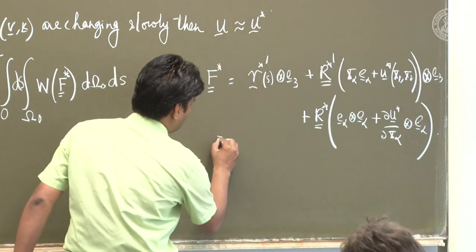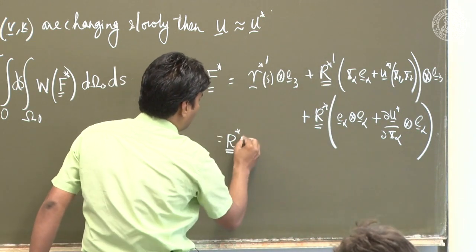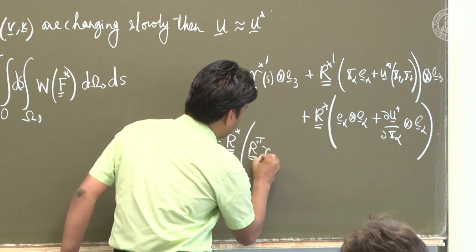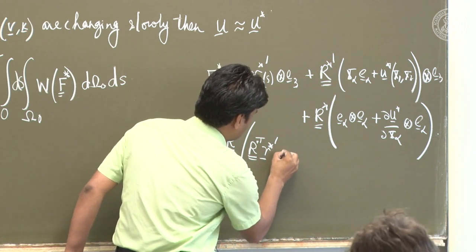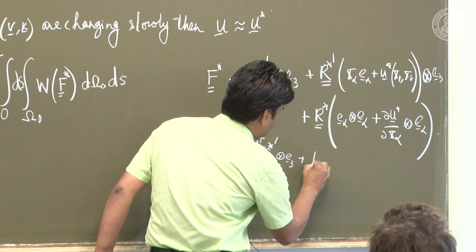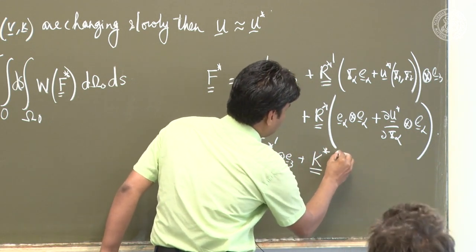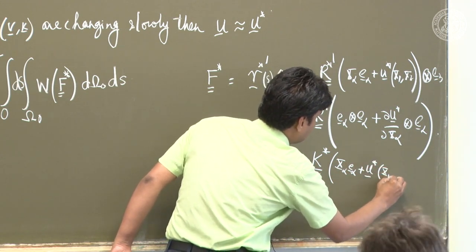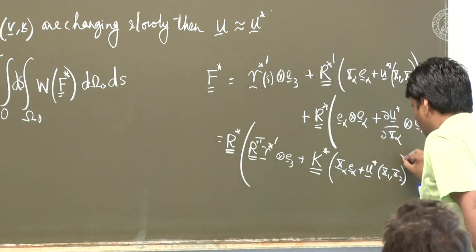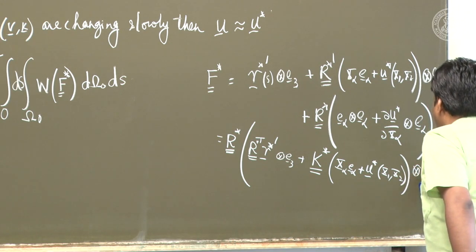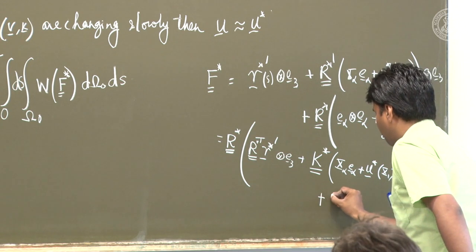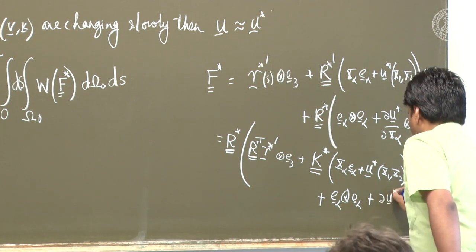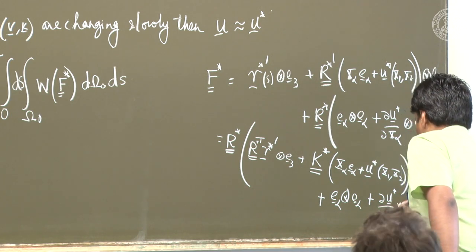which you could also write as, you take your R star common, and then this is R star transpose into little r star prime tensor product E3 plus your big K star x alpha E alpha plus U star x1 x2 tensor product E3 plus E alpha tensor product E alpha plus del U star over del X alpha tensor product E alpha.